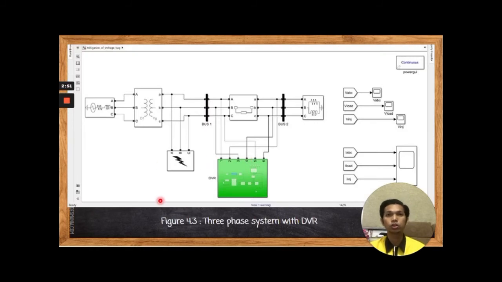Next we go to figure 4.3, which is the three-phase system with DVR. The DVR implementation displays the three-phase distribution system in this figure. The DVR will detect the voltage sags in bus bar 2 VLOAD, and read the feedback of the controller VLOAD to generate PWM signals from the system.